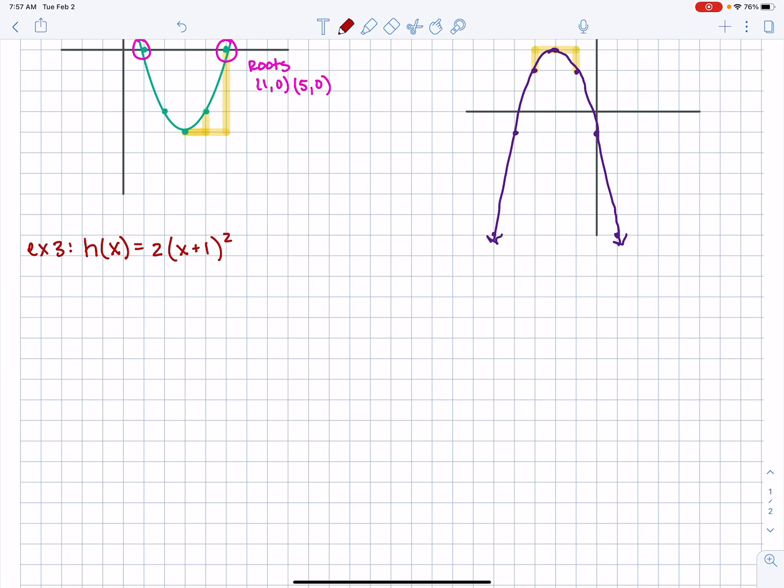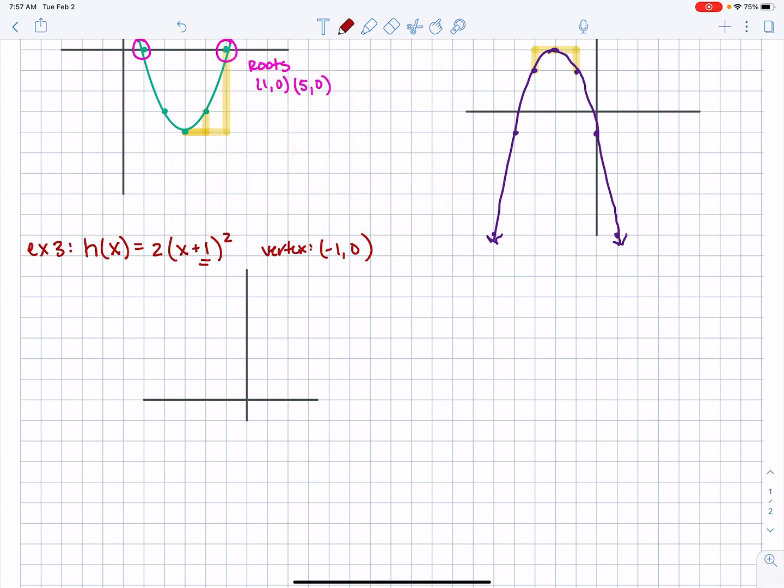As we notice here, my k is 0, so my vertex is going to be at the point (-1, 0). So that one didn't really have that vertical shift. Let's draw a set of axes on this one that we can work with.